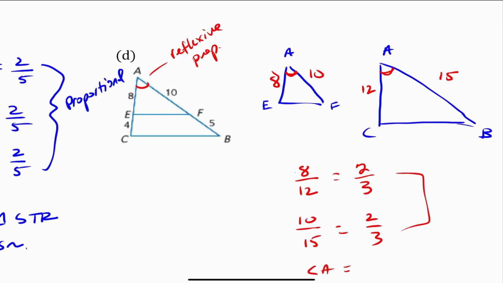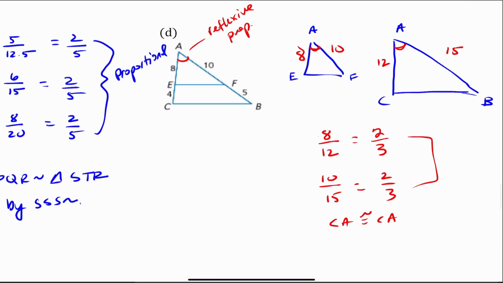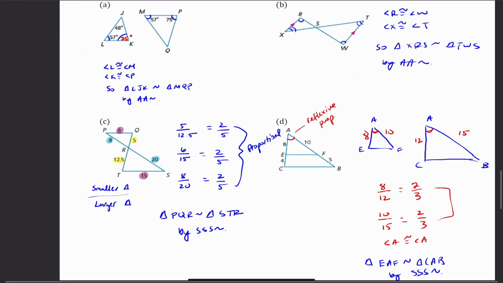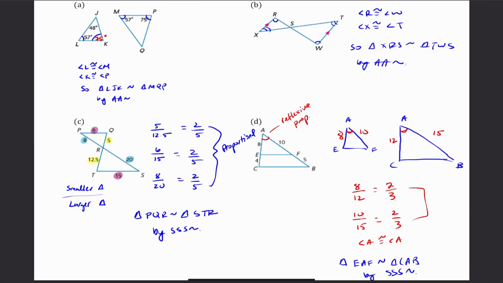So angle A is congruent to angle A. So if these sides are proportional to these sides, where the angles are congruent to those proportional sides, then we can say that triangle EAF is similar to triangle CAB by the side similarity theorem. Okay, hopefully that makes sense. And whenever I see a triangle within a triangle, I like to redraw so I can visualize what is going on. Alright, we're going to go ahead and move on to the next notes, or the last page.